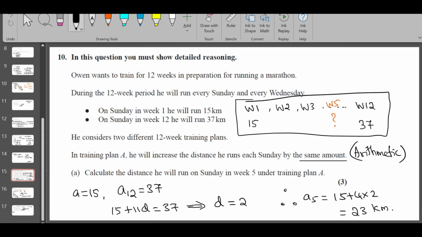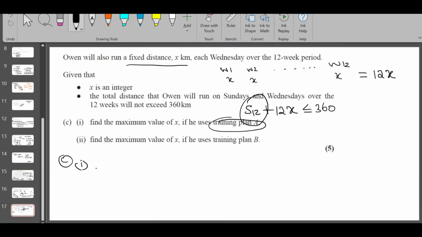Where we know the value of A, we know the value of D. Let's find S12. So n over 2 times 2A plus n minus 1 times D. This plus 12x is equal to 360.